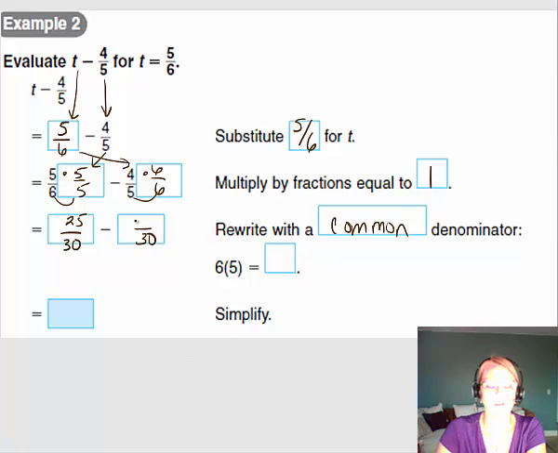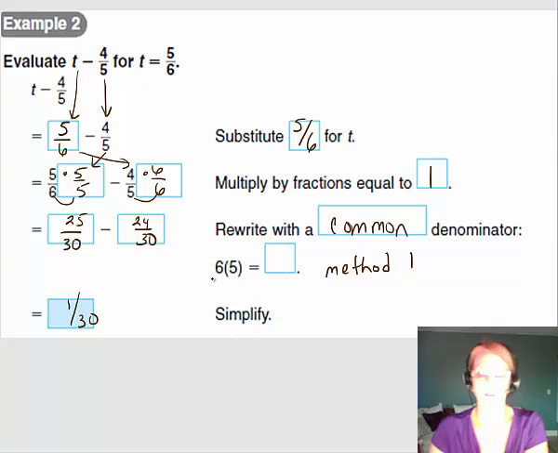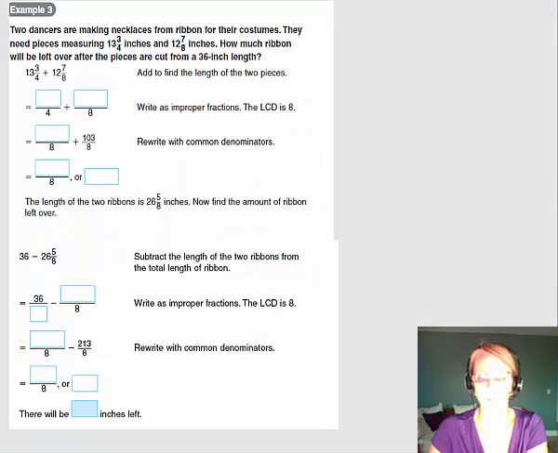Now 5 times 5 in the numerator is 25. 4 times 6 in the numerator is 24. 25/30 minus 24/30 is 1/30. And there's no simplification. As a reminder, I used method 1 and multiplied the denominators to get my common denominator of 30.